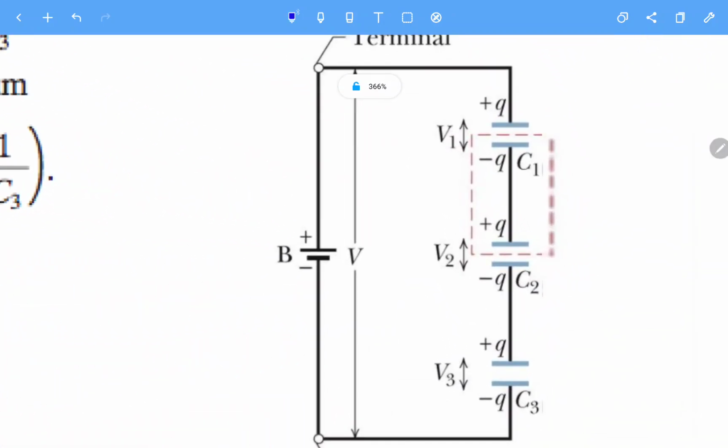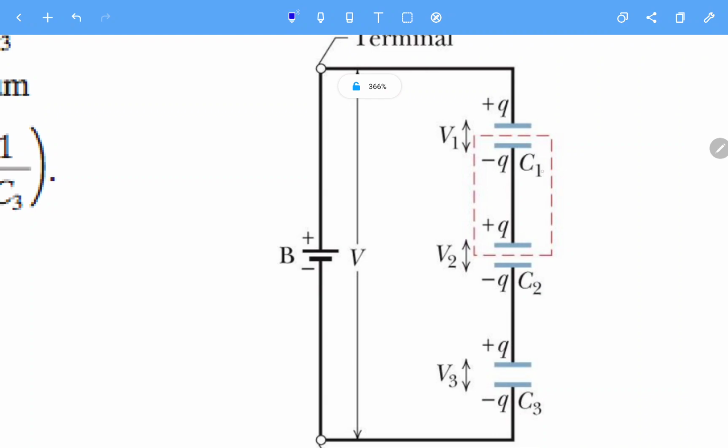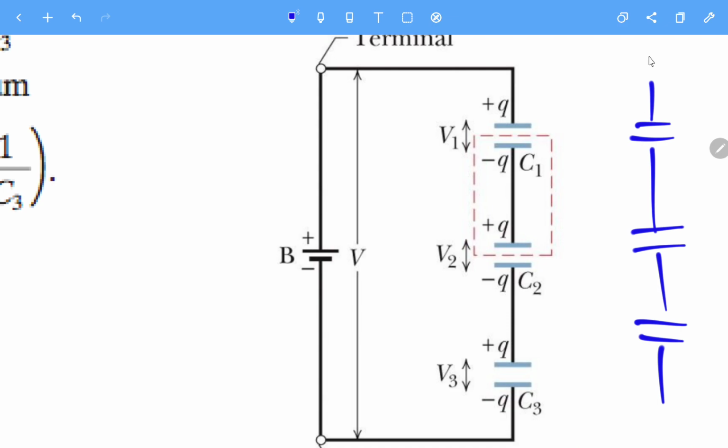That's why Q is shared: if you don't apply the battery yet, there shouldn't be any charge accumulating in between, no excess charge at all.